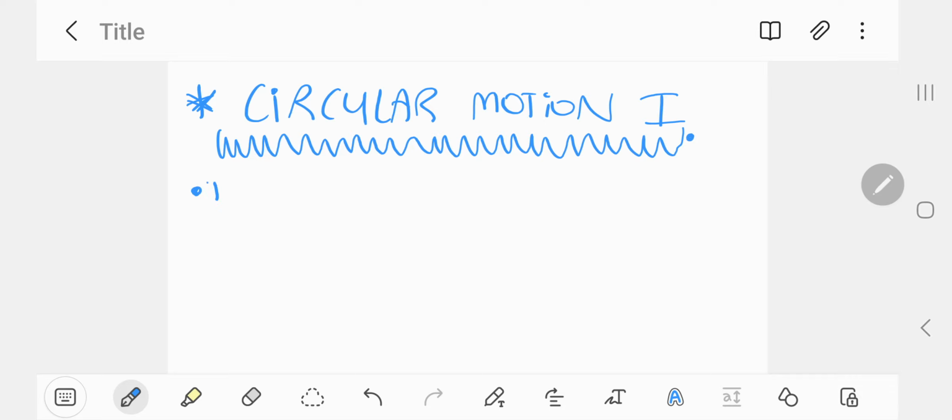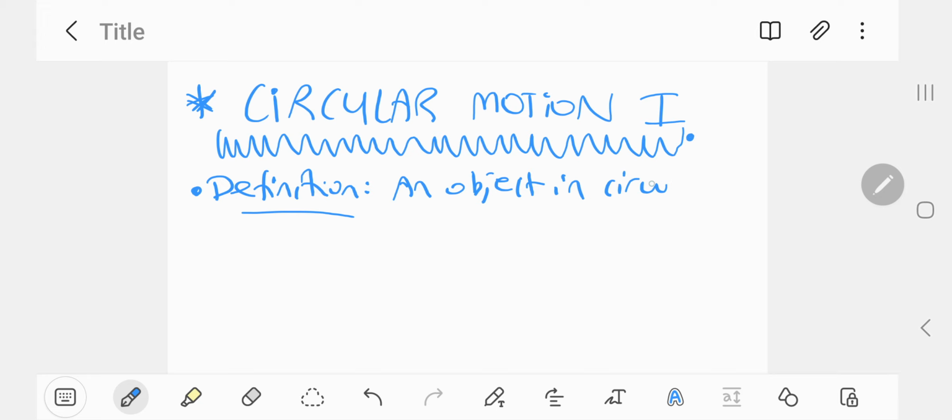So by definition, an object in circular motion travels at constant speed, and the key word here is constant.